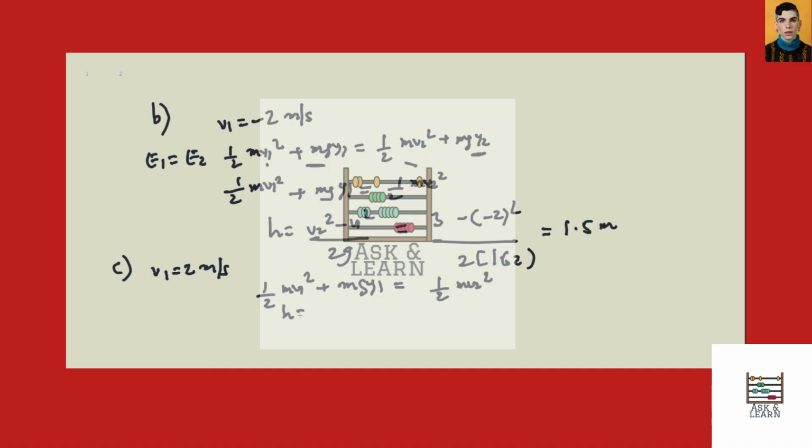So again, we get the same thing, V2 squared minus V1 squared over 2g. We get 3 squared minus 2 squared divided by 2 times 1.62. Sorry, this is positive. Should give you 1.5 meters. So in this case also the answer is 1.5 meters.